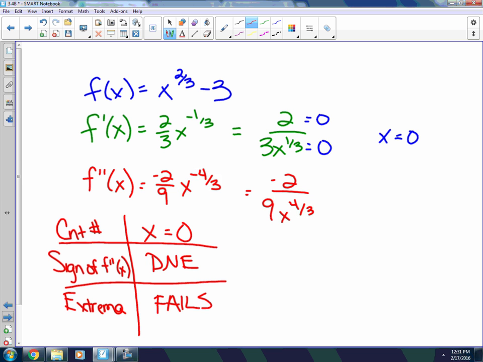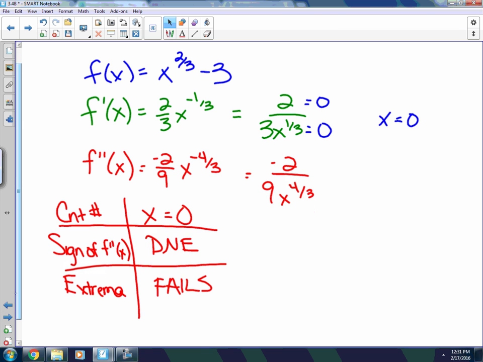So that means we revert back to the first derivative test. When you put a 0 in here, 0 to the 4/3 times 9 is 0, so 0 on the bottom doesn't exist, and that's the only critical number. So the second derivative test has not helped us at all.